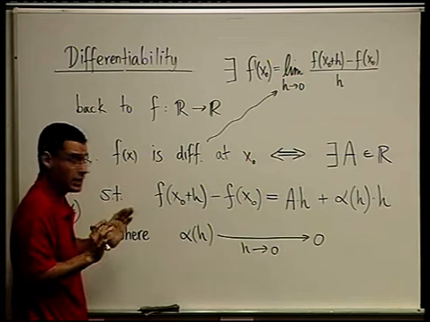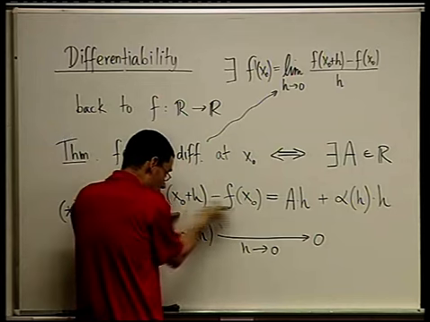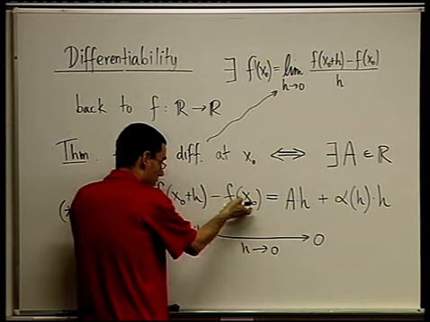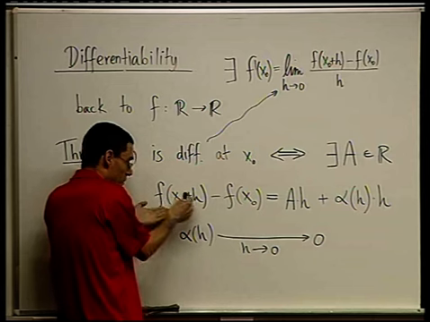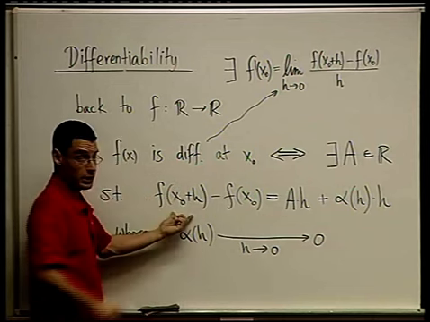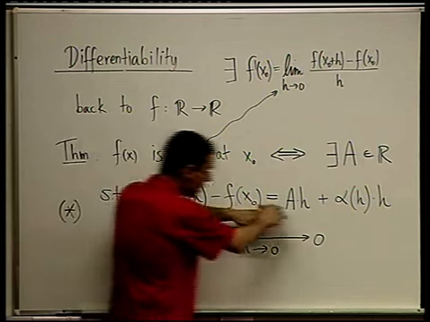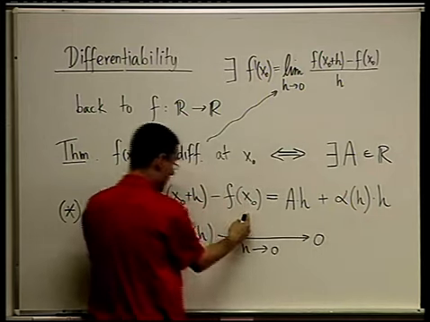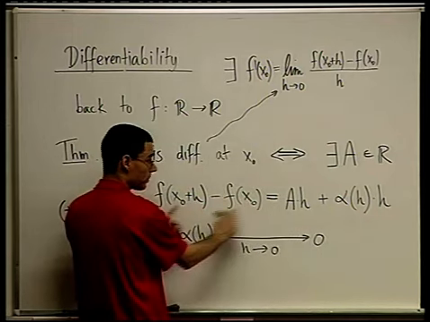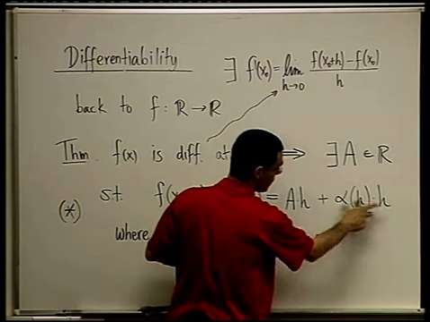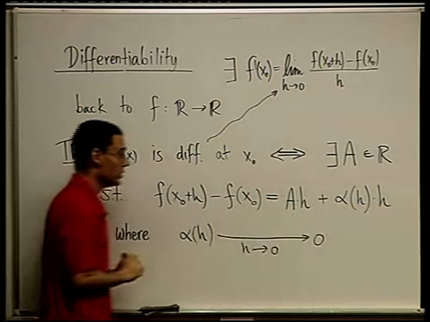It's saying exactly the same thing. That the difference between the value of the function at the point and the value of the function near the point is some number times the distance between the two, h, plus some function of h times h, where that function goes to 0.